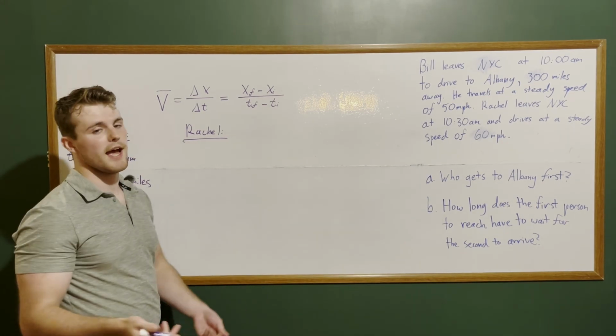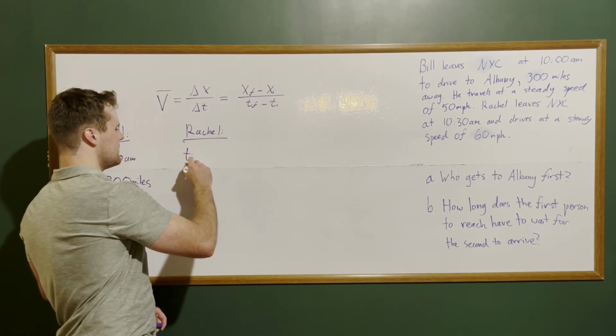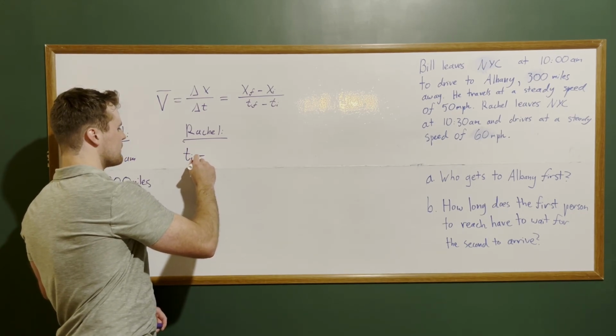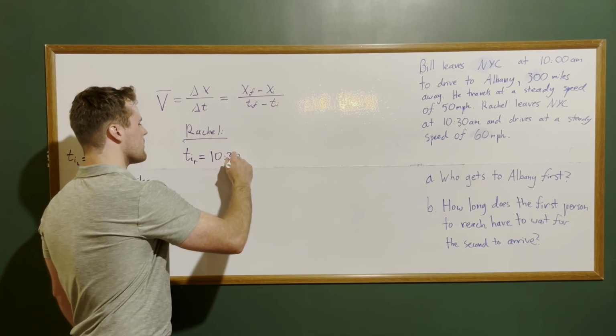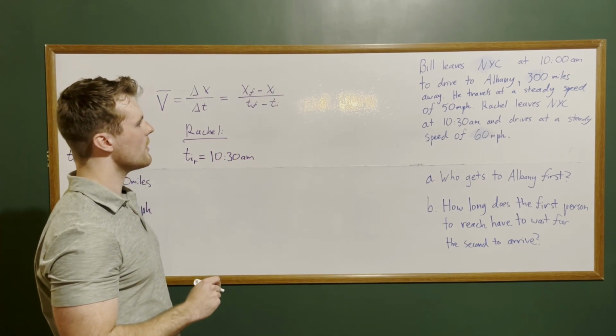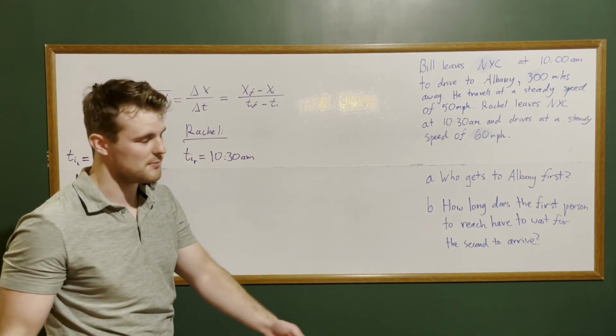All right, let's define our variables for Rachel now. Rachel leaves New York City at 10:30 a.m. So t sub i, r, for Rachel, equals 10:30 a.m. She's traveling the same distance because she's leaving from New York City and they're going to the same place.